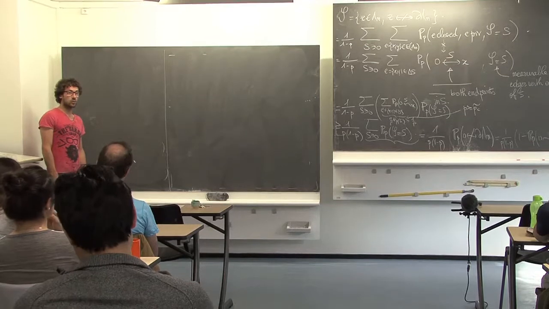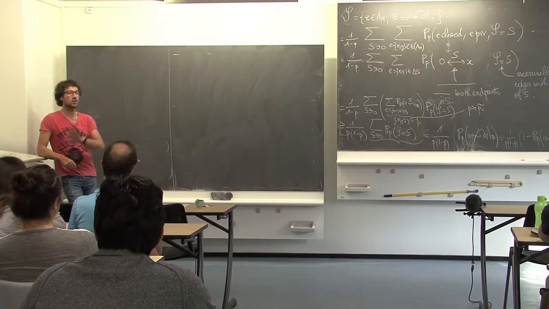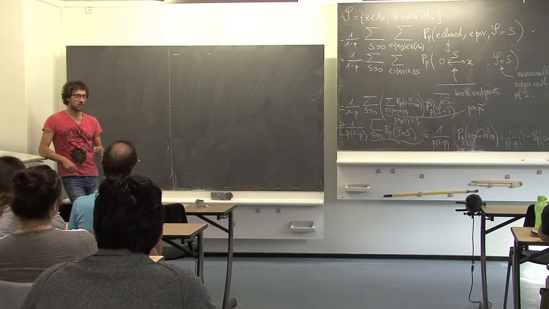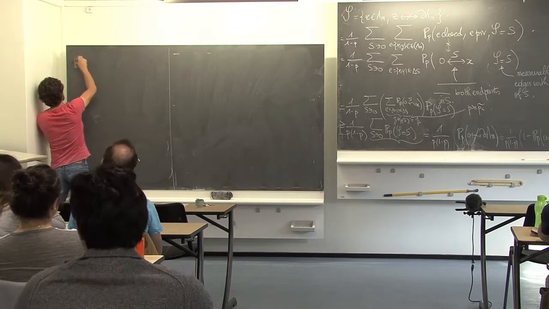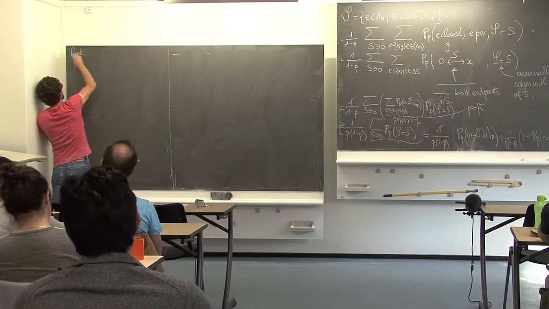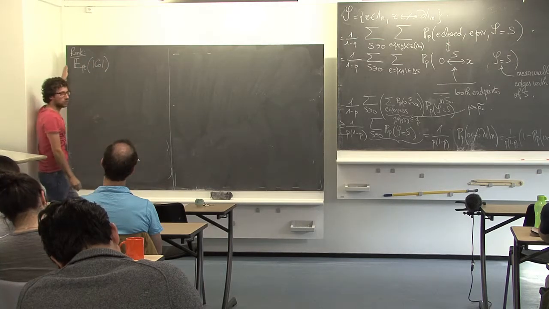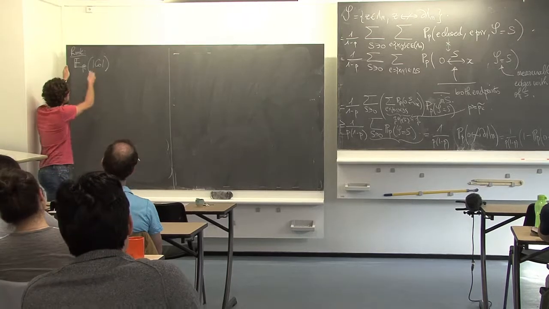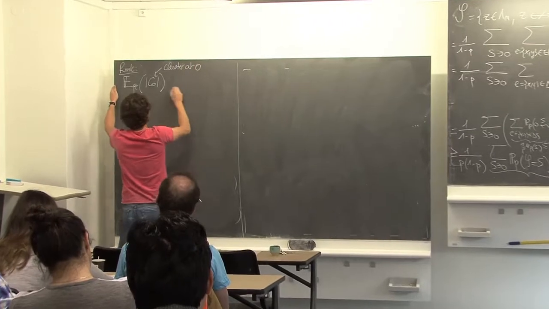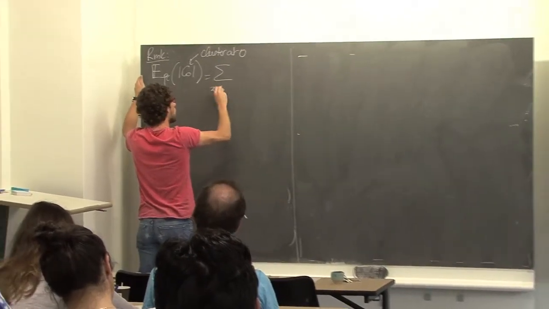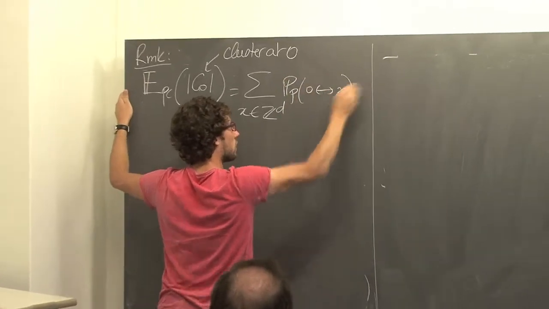Let's try to prove that, in fact, the expected size of the cluster at the origin at PC is always infinite. How do I do that? So this is a remark, at PC, the expected size of the cluster at 0. So this is the sum over all the x in Z^d of the probability that 0 is connected to x.